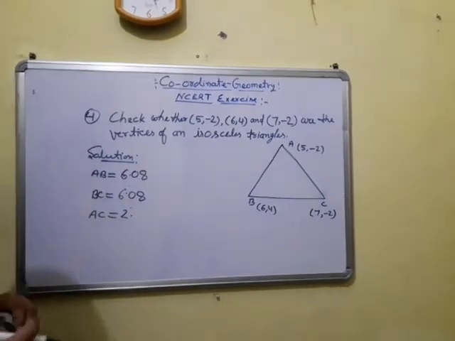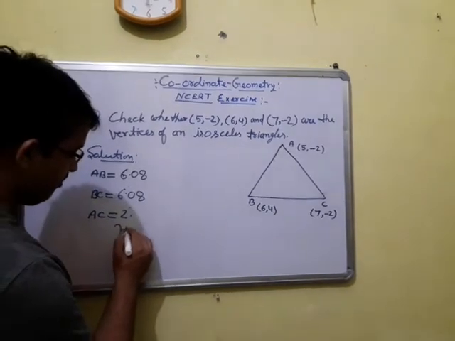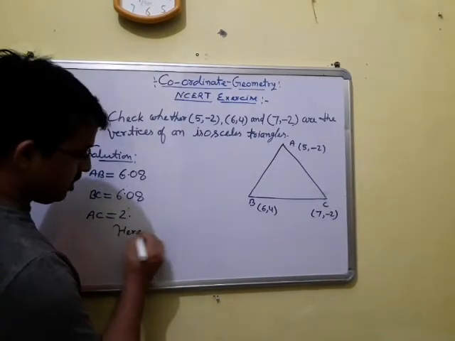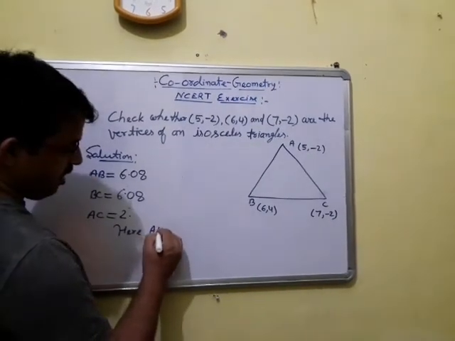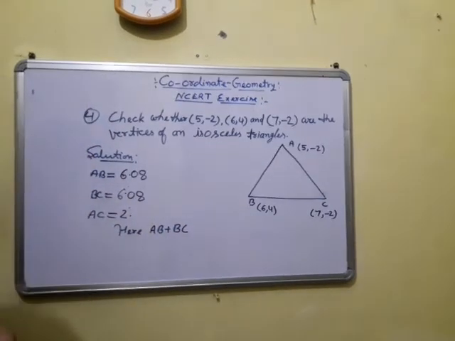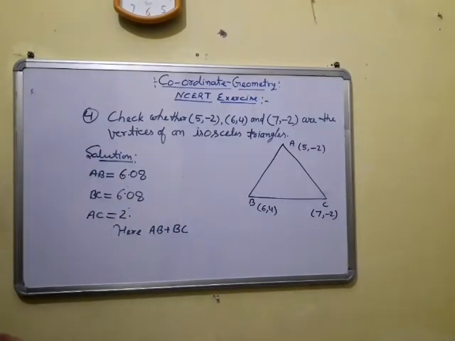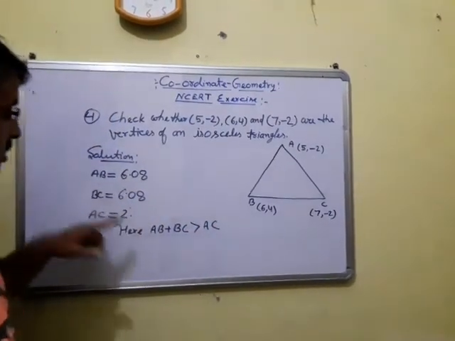Clear? Now the condition: AB plus BC is greater than AC. Look there.